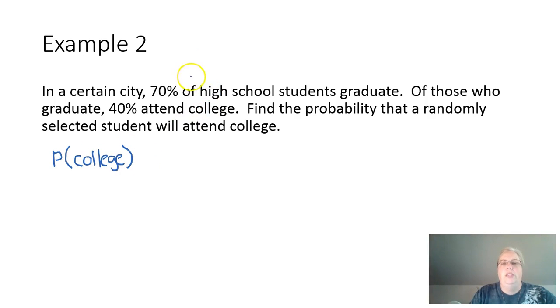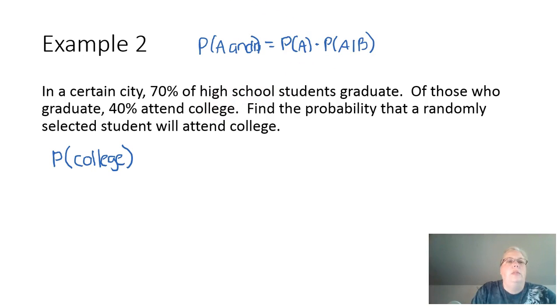Now, according to our formula, the multiplication property, the probability of A and B is equal to the probability that event A happens times the probability that A happens given that B has already happened.